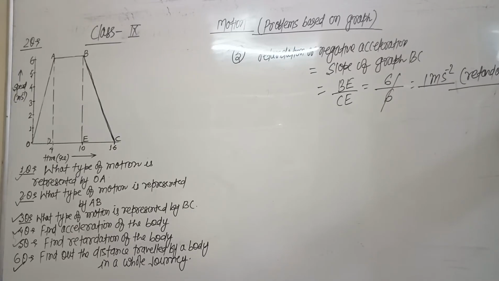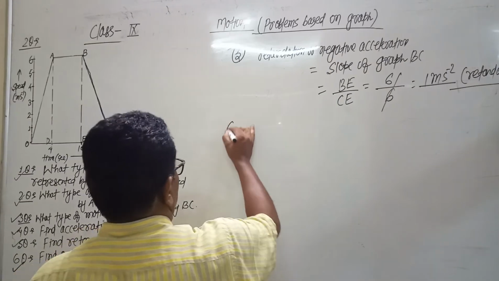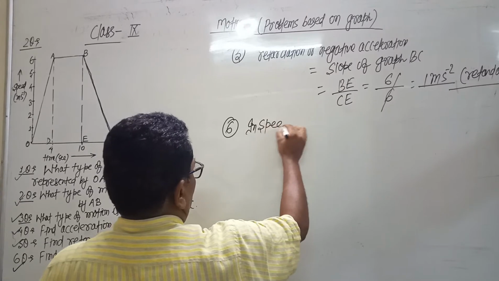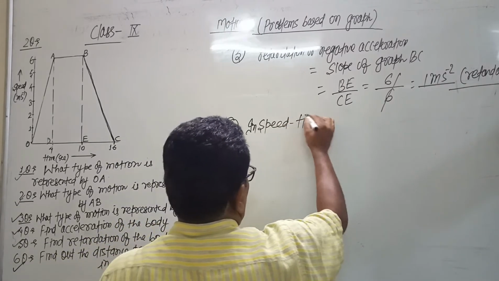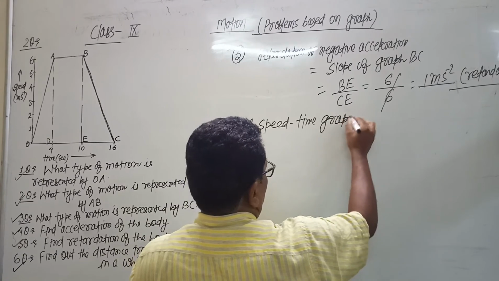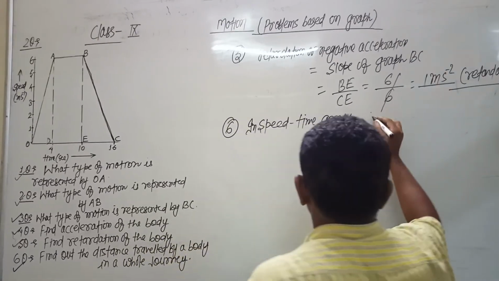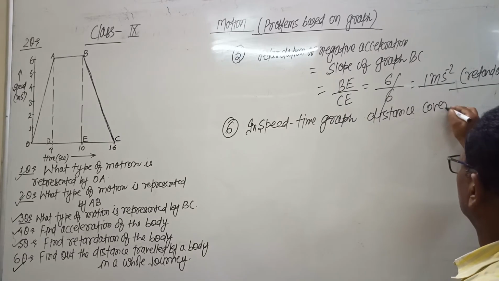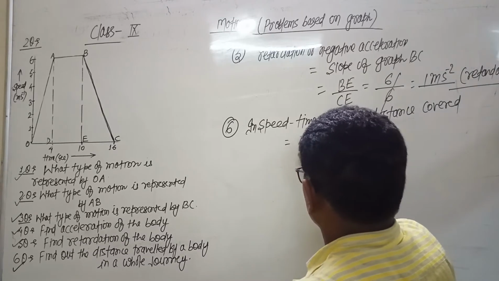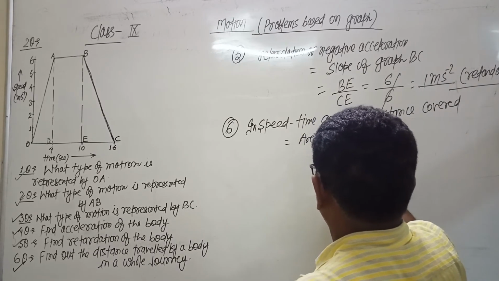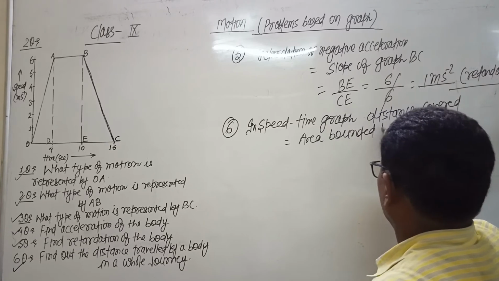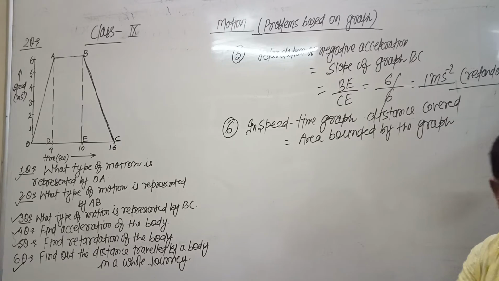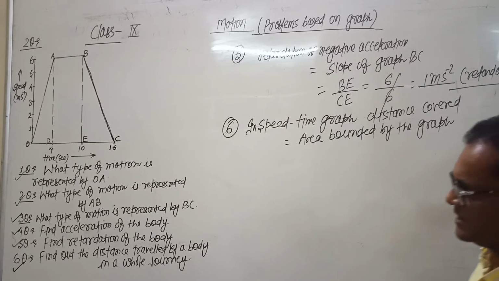In a speed time graph, distance covered is equal to area bounded by the graph.